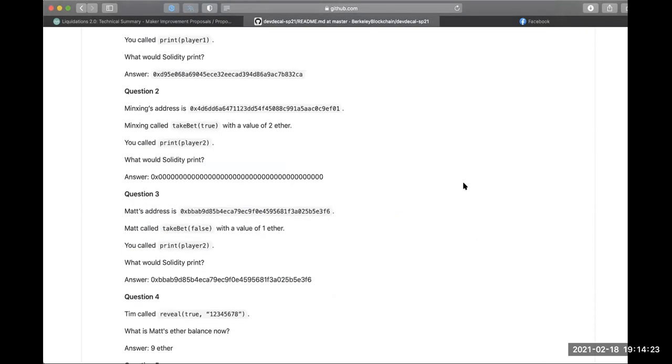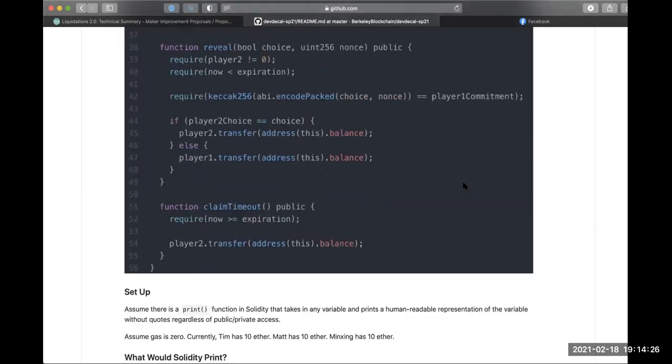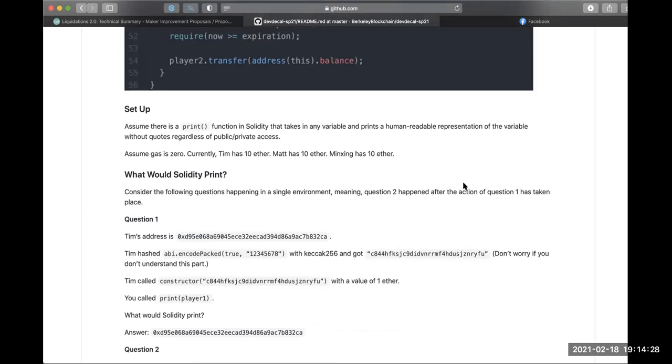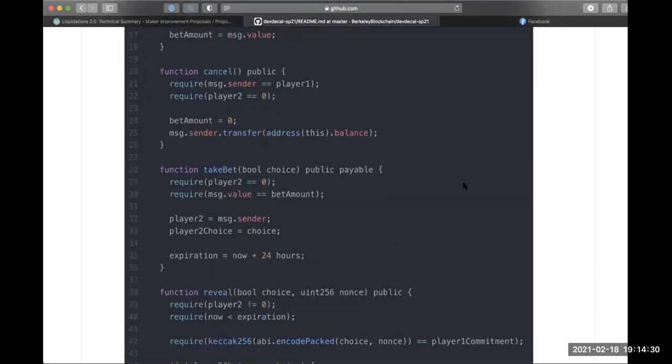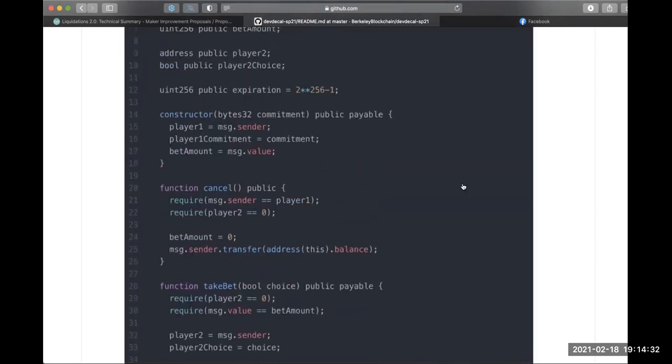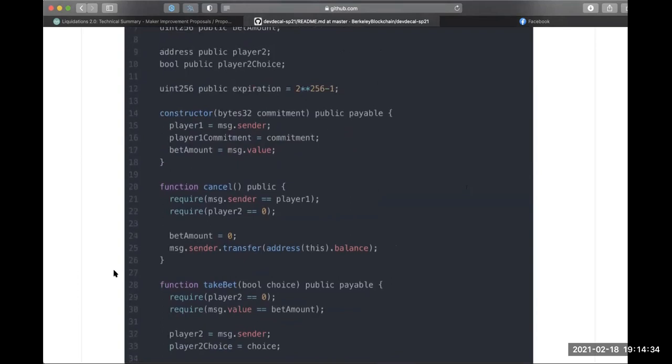So for question 1, I thought that if the constructor is payable and they call the constructor with a value of 1 ether, then they're paying the contract 1 ether. So at that point, I thought Tim was 9.